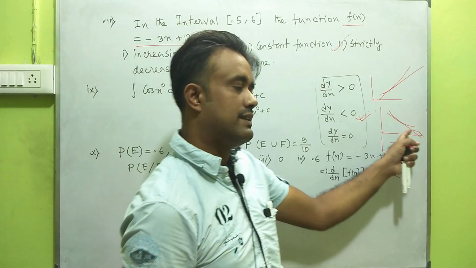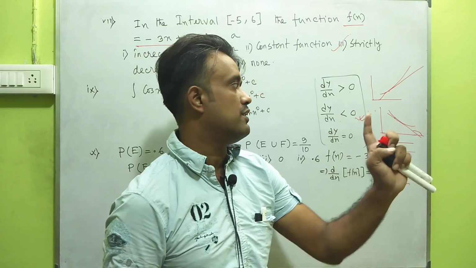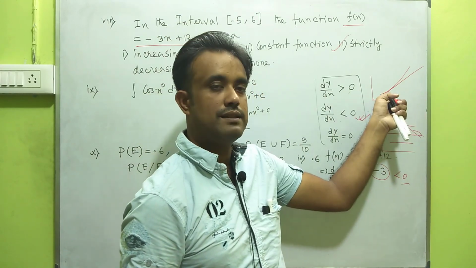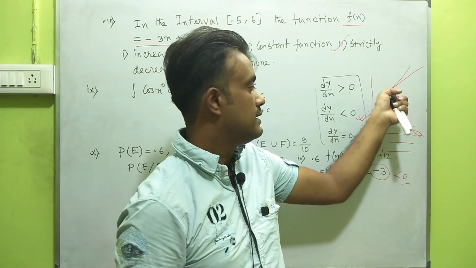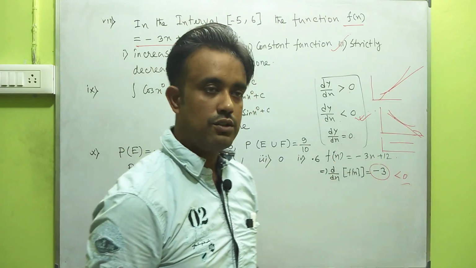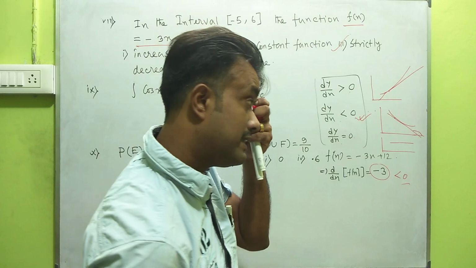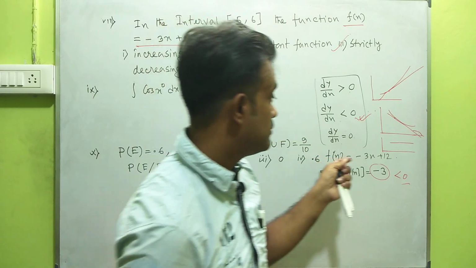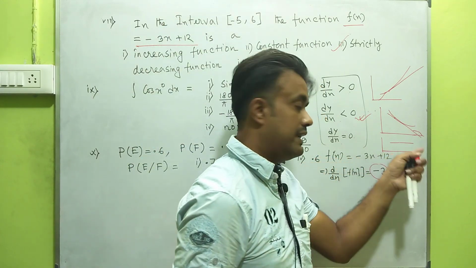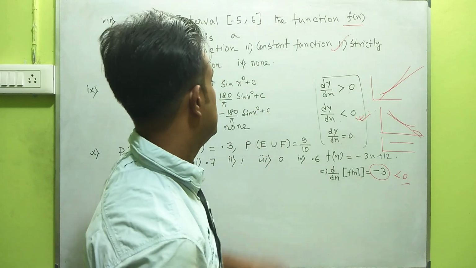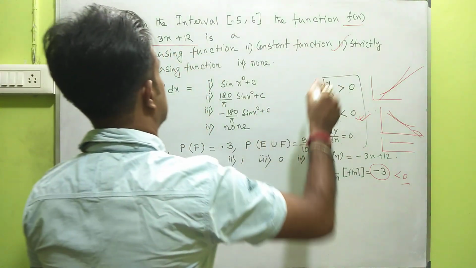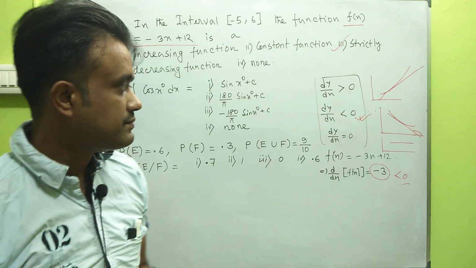The tangent makes an obtuse angle with the positive direction of the x-axis. This is an acute angle and this is 0, that is, the angle made by the tangent and the x-axis is 0. So the answer will be strictly decreasing function. Okay.